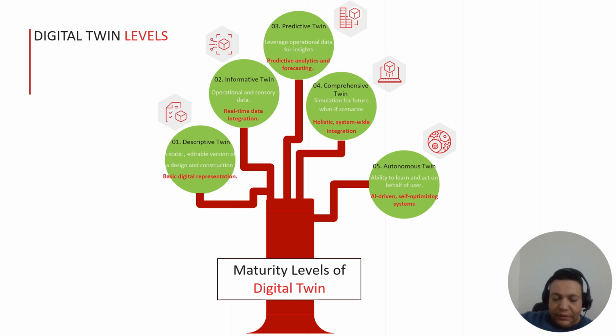The third level is the predictive twin. It's the same as the dynamic one, but through AI integration, it can predict flaws and breakdowns that could happen and require maintenance through the life of the asset. The fourth one is the comprehensive twin.